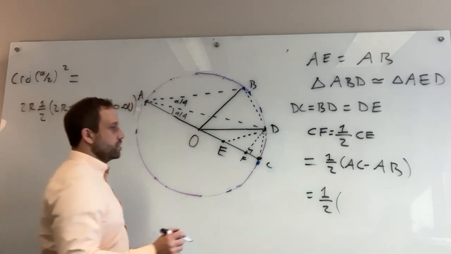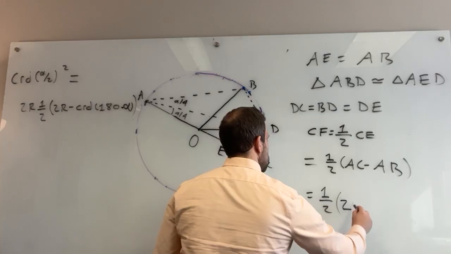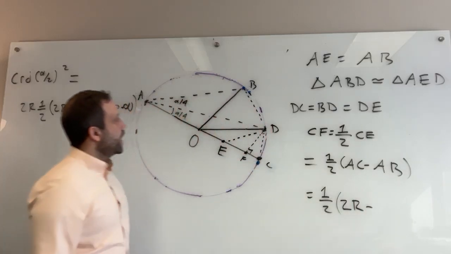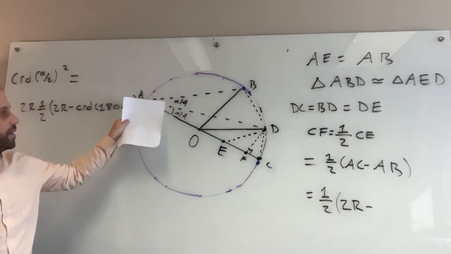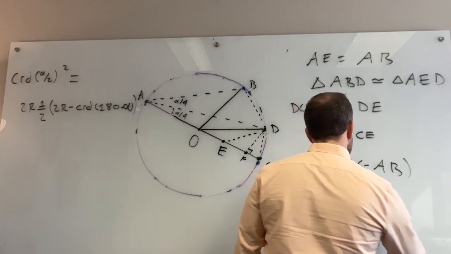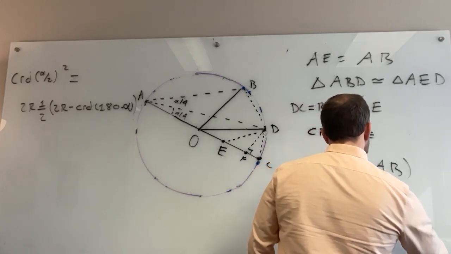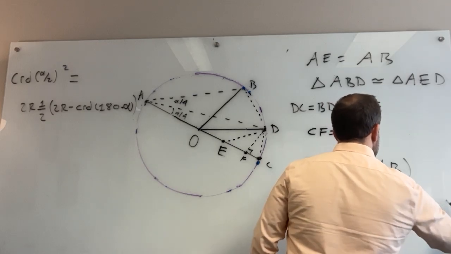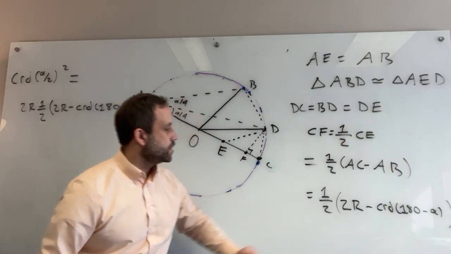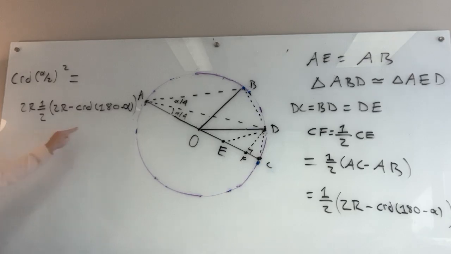So AC is just equal to 2R. And what is AB? Well, AB is chord 180 minus alpha. So if you look at this part right here, this is this part of the formula: 1/2 (2R minus chord 180 minus alpha). This right here is equal to CF.